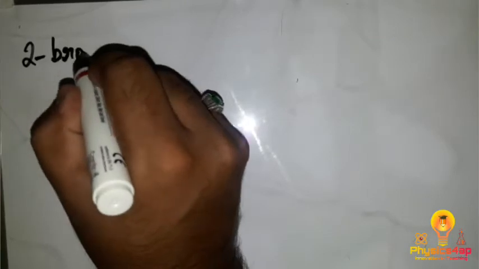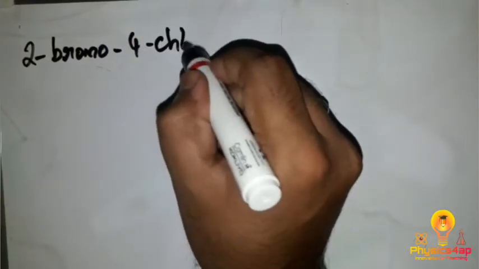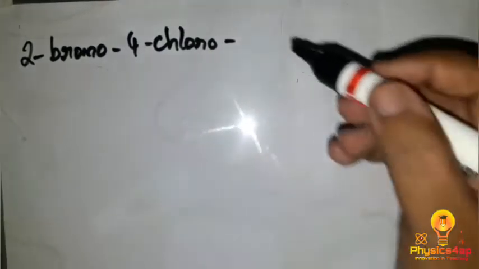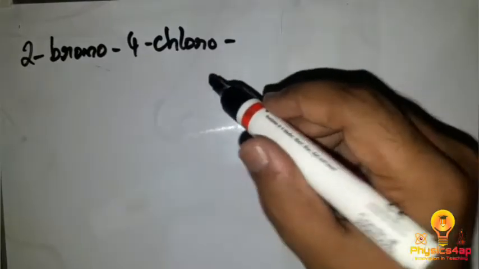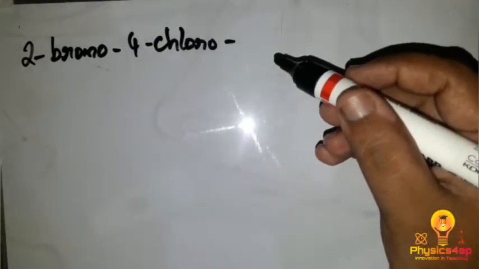So this time let's see whether we can cover all the functional groups here. 2-bromo, 4-chloro, 5-oxo, 6-hydroxy heptanoic acid. I'm thinking of a little bit bigger one, so let's see how to make it.